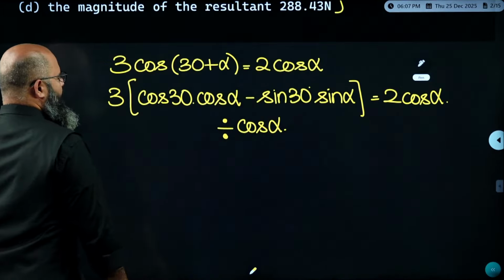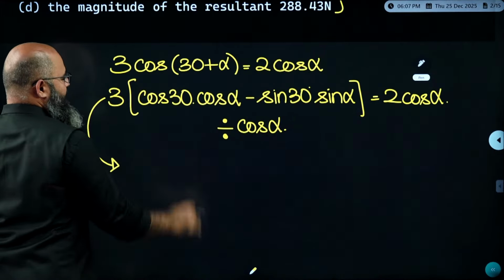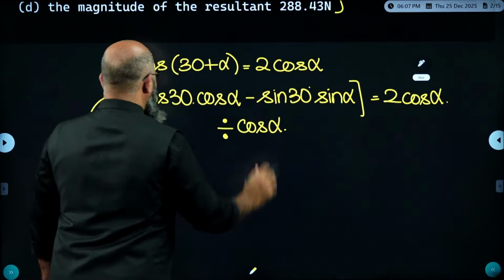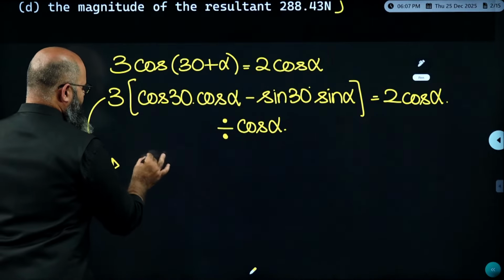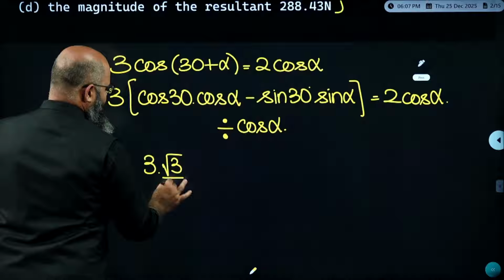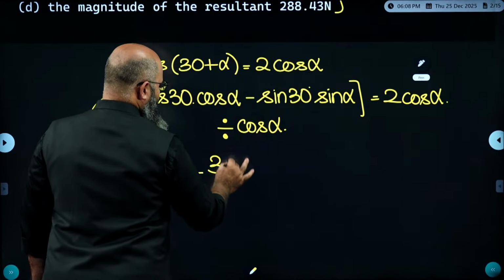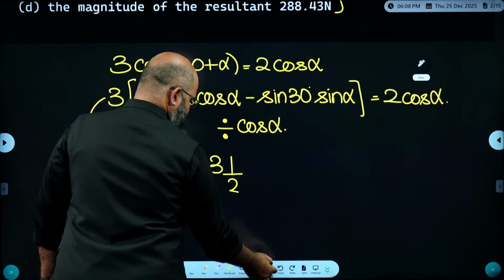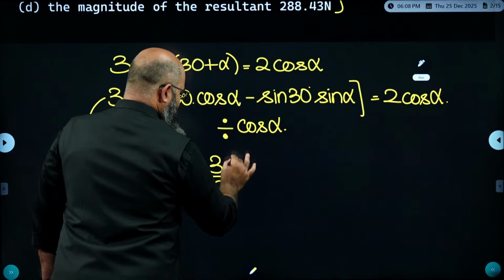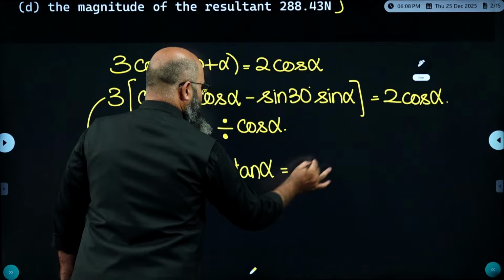If I divide throughout by cos alpha, this equation is going to become 3 times cos 30 minus 3 times sin 30 tan alpha is equal to 2. So 3 times cos 30 is equal to root 3 by 2, minus 3 times sin 30, which is 1 by 2, into tan alpha, is equal to 2.